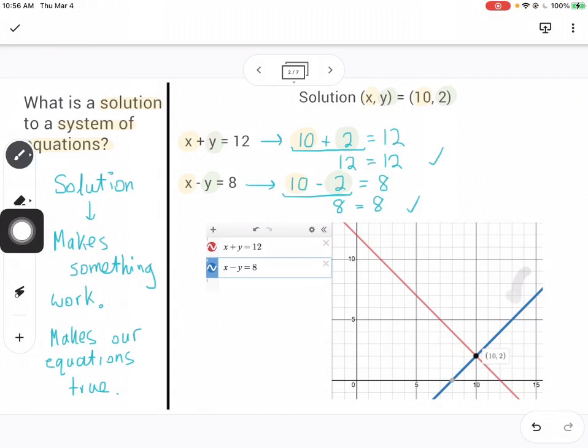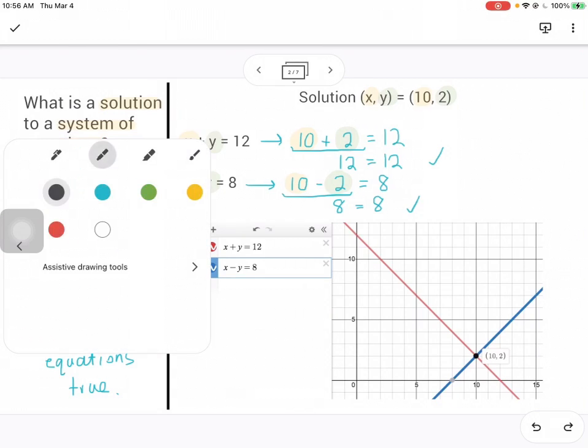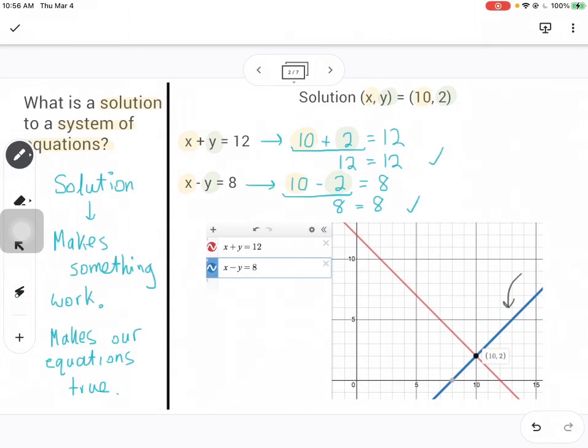This equation here is x minus y equals 8. All of the points on this line, like this point, which is (13, 5), make this equation true. 13 minus 5 equals 8.